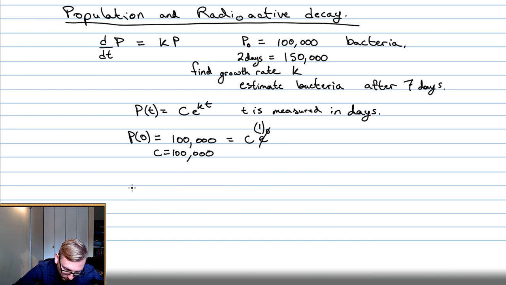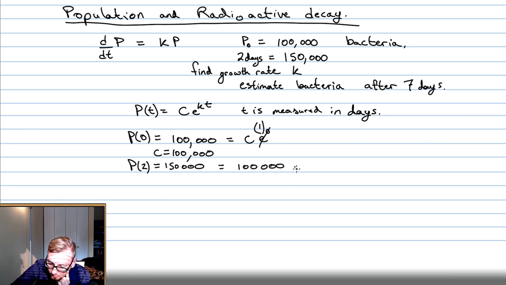Then we know, this is what was given to us, is P of 2. So 2 days is 150. Right? Then we've got 150 equals 100,000 e to the k times 2, right? Because t is 2.